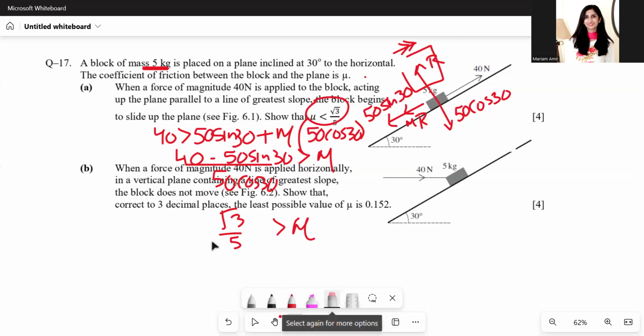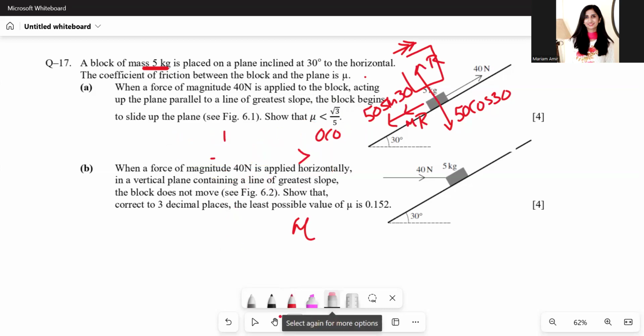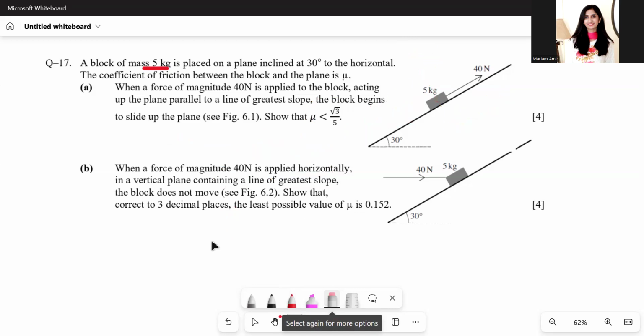Okay, part B. When a force of 40 Newton is applied horizontally, okay, so now this is a horizontal force, which is a problem because we need either a force perpendicular to the plane or parallel to the plane. So to fix that, we will need to resolve this 40 Newton into a component that is parallel to the slope, this one, and a component that is perpendicular to the slope, this one.